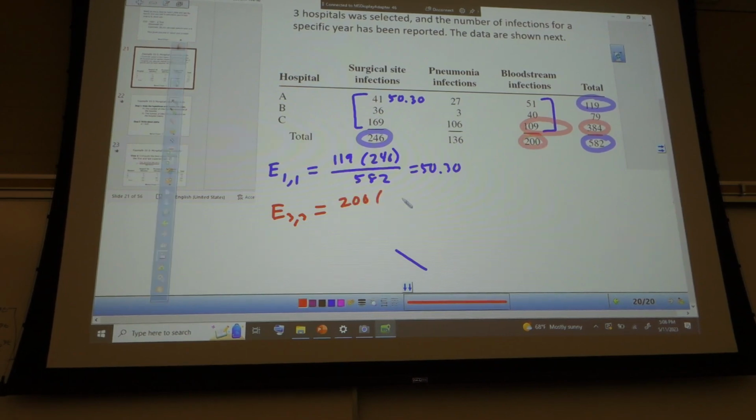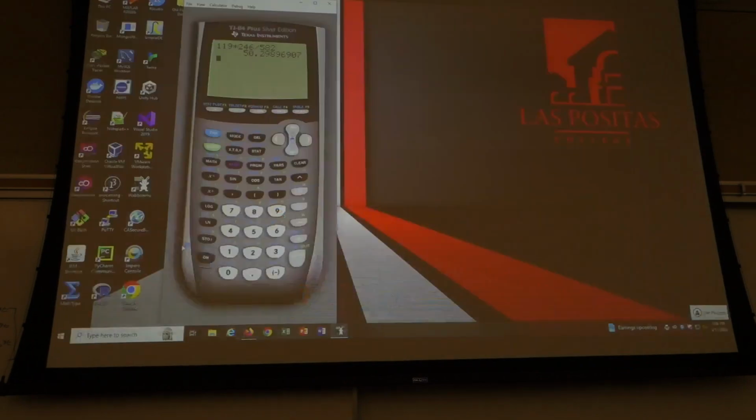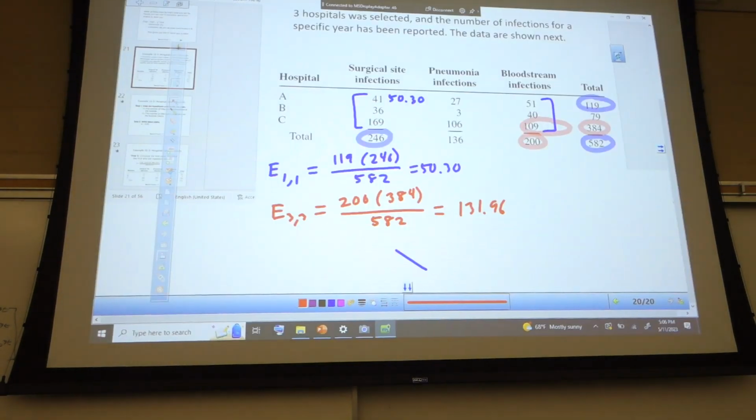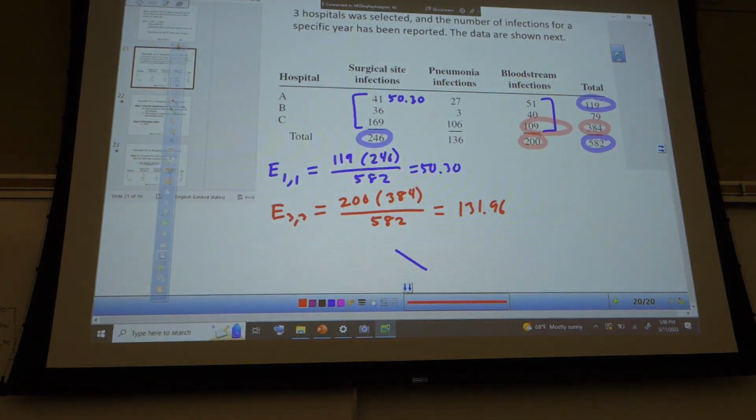Doesn't matter which one you write down first, just those two multiplied by each other, divided by the grand total. So if I do that, 200 times 384 divided by 582, 131.96. Okay, so there's my first and last expected values.